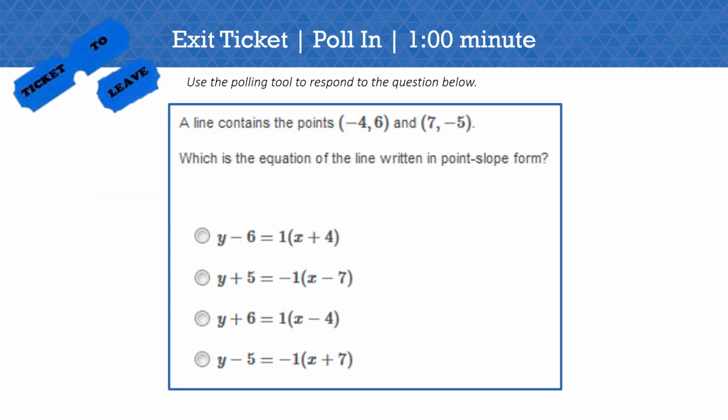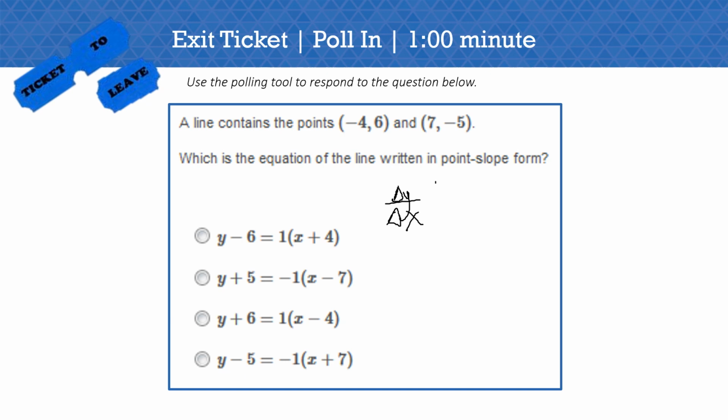Okay, so just to make sure that we got it, we've got a line that contains points -4, 6, and 7, -5, and we want to write it in point slope form. Let's see if we can get it done. Okay, so remember, first step is you're going to choose what your slope is. We're simply going to subtract.